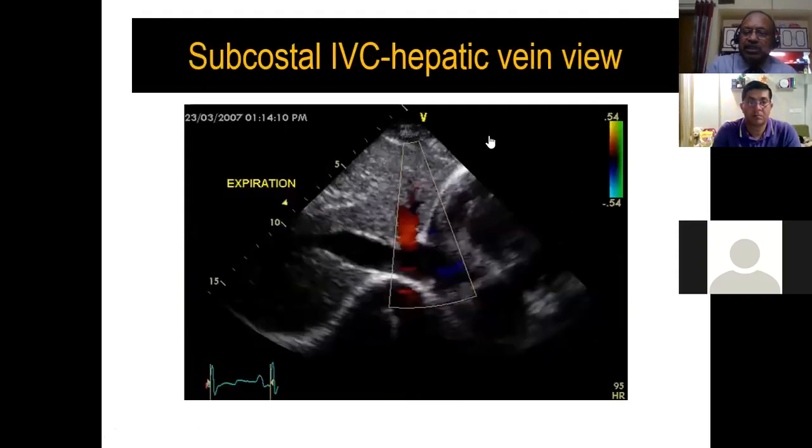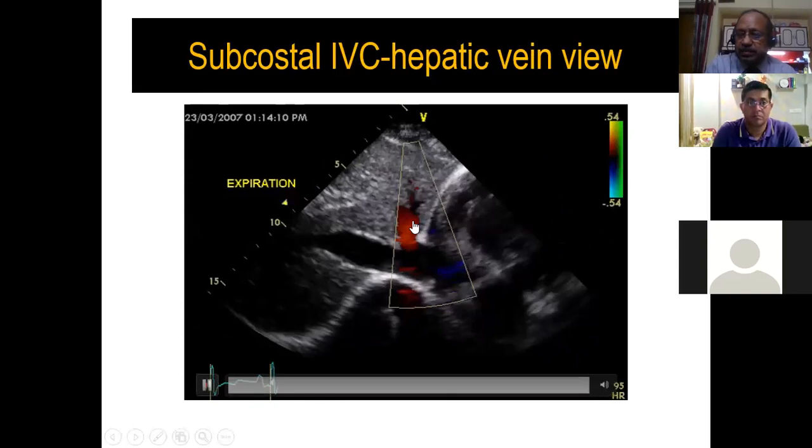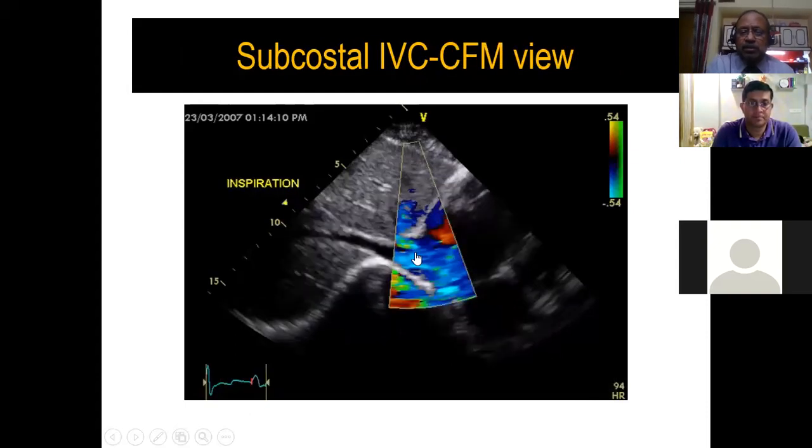We can look at IVC hepatic junctions. We'll come over it over a period of time. When we have pulmonary embolisms, when we have a raised PA pressure, we can look at dilated hepatic veins. And we look at the pattern of hepatic venous flow to the heart and decide about their flow.